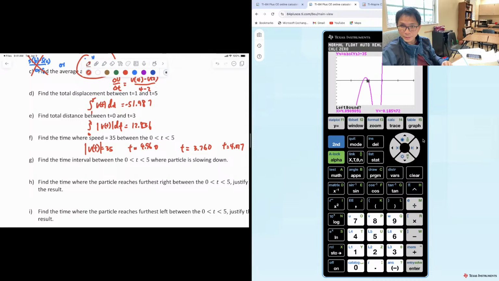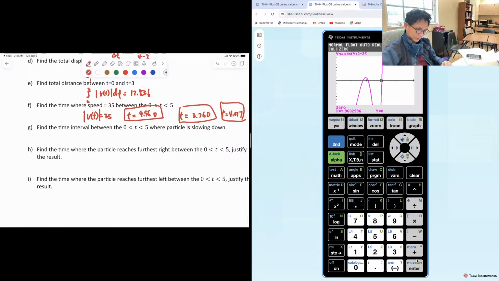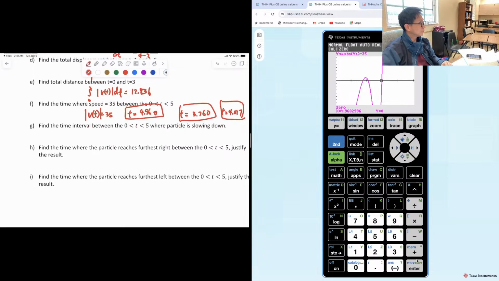The zeros, I'm going to do from here, press enter, and press enter here. So 4.96. So those will be three values. 1, 2, 3.